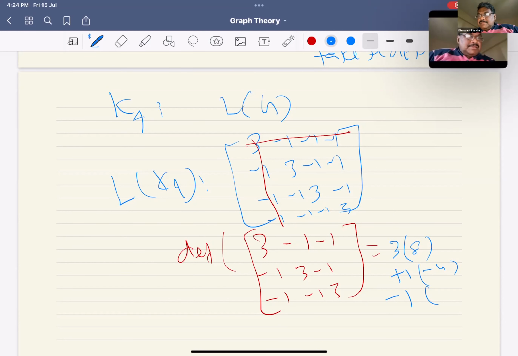Total comes to 16, right? Yes, the answer is 16.